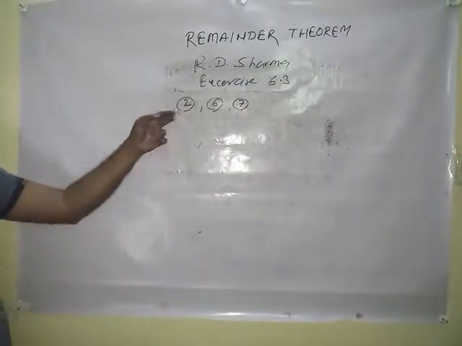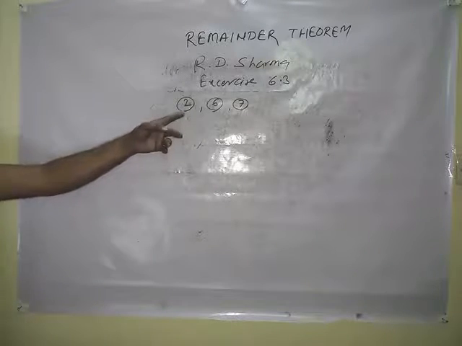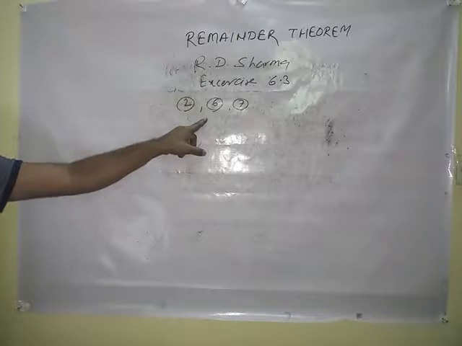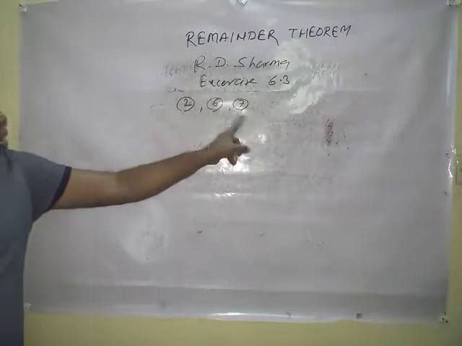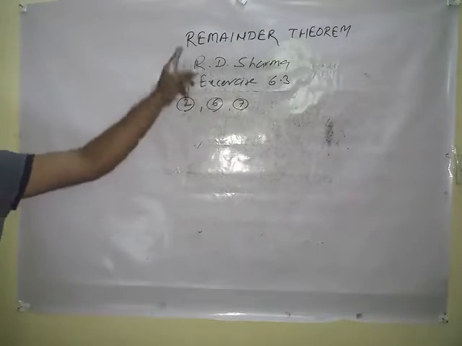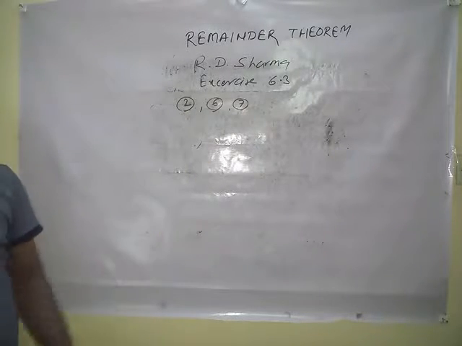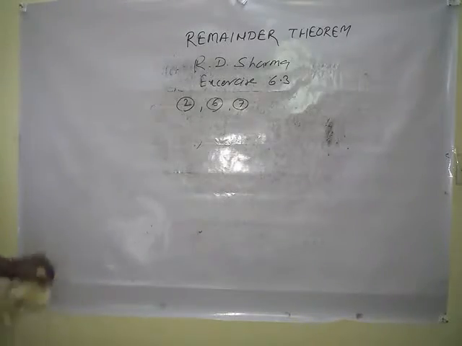Please note that in this R.D. Sharma is asking to use both the methods, means you have to apply the long method as well as the remainder theorem method to find it out. So don't use the shortcut here.